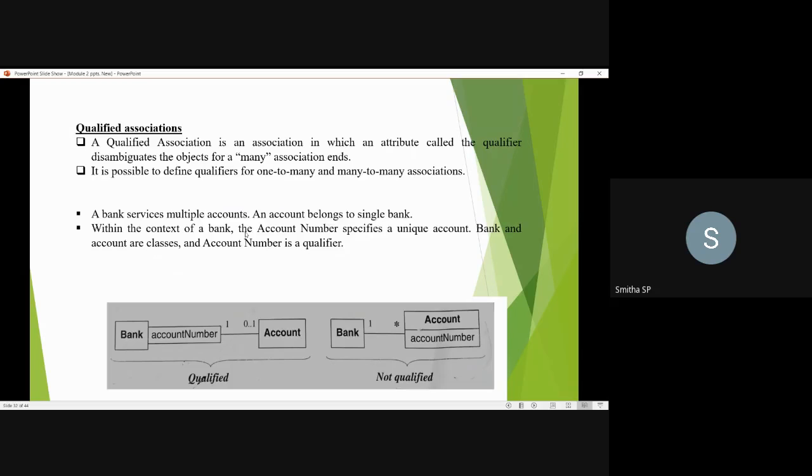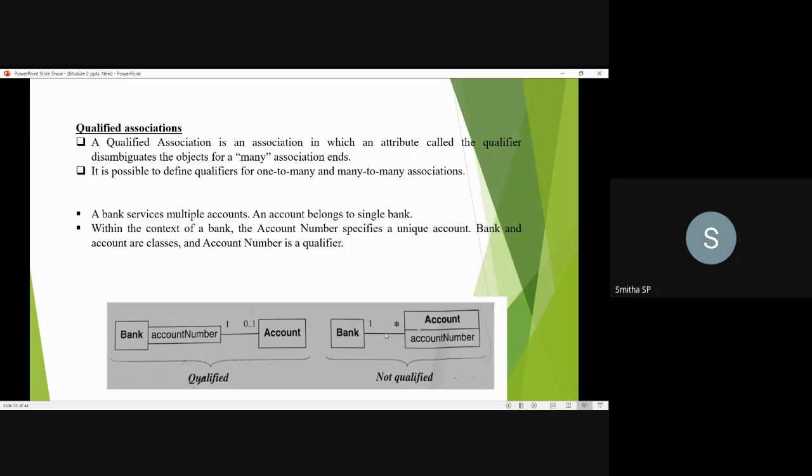Observe the figure. Here the qualifier disambiguates the objects. It means the qualifier resolves the duplicates in the objects for a many association end. So here there is a one to many association, that is a bank.